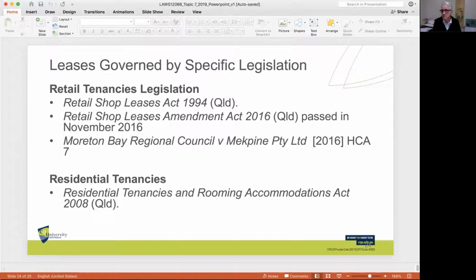The legislation was essentially introduced in the context of large shopping centres and things of this nature to move away from the general law framework and provide a more streamlined approach to those types of lease arrangements. But it can be in smaller complexes as well. That's entirely true, but it must fall within the definitional parameters of what is a retail shop lease for the purposes of governance under the Act.